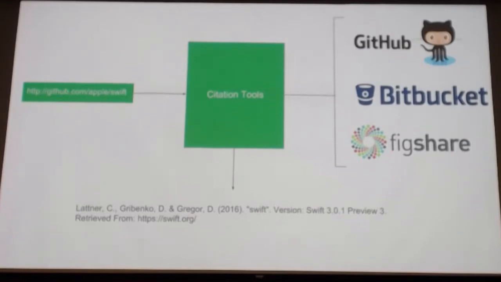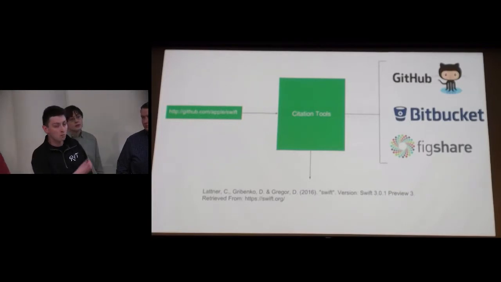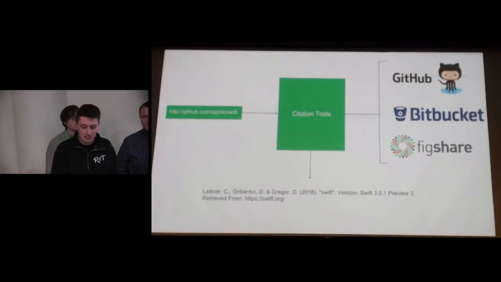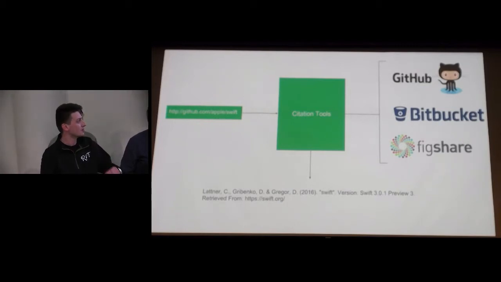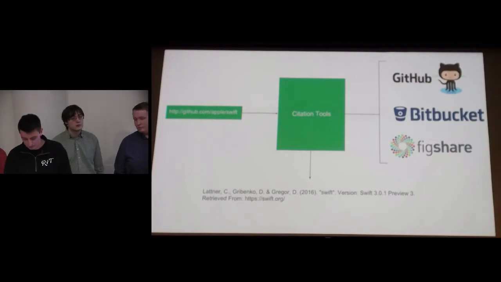And that URL is the input to our citation tool, which then takes that in, determines what code source that URL belongs to, goes out to that code source, fetches any related data, formats that data into a citation, and outputs that citation depending upon the individual tool. And you can also input how you would like the citation to be displayed.